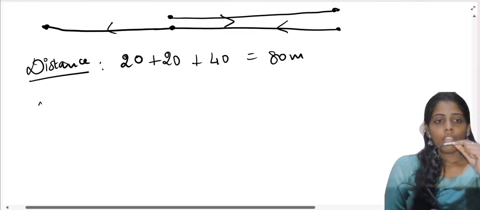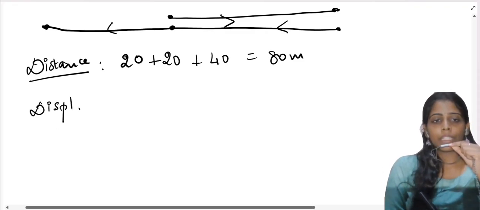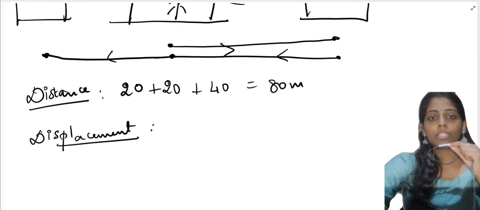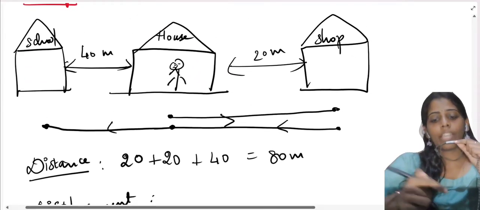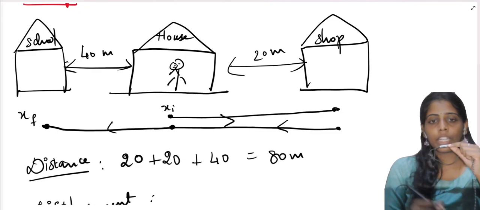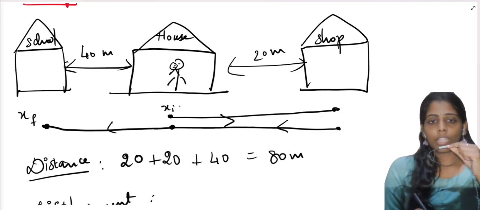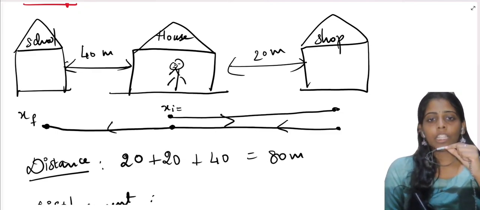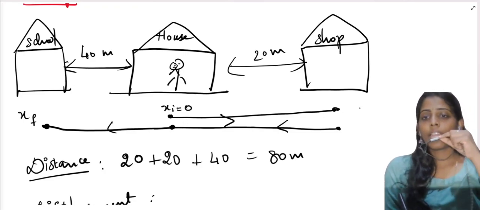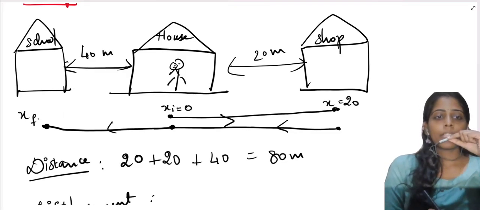Now, how to calculate the displacement? I have stated that displacement is the shortest distance between the initial and final position, right? Here the initial position is this and the final position is this, right? Now assume that the initial position is the origin, which is at x equal to 0, and the shop is located at x equal to 20 and my school is located at x equal to minus 40.